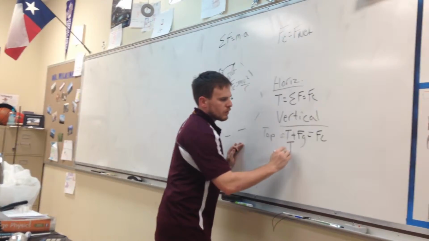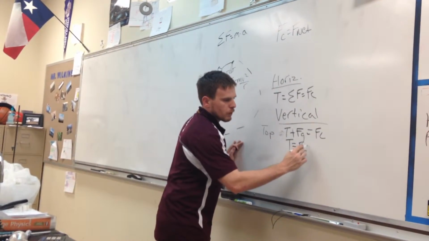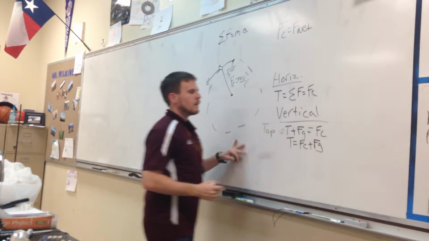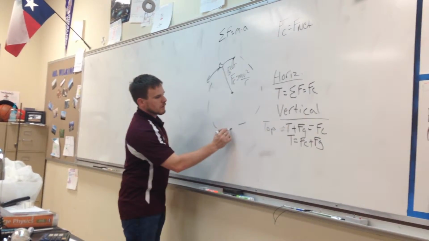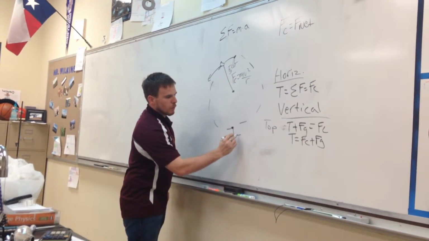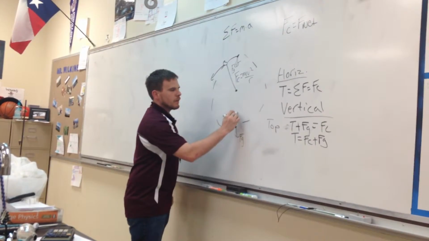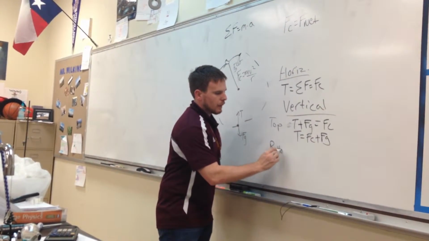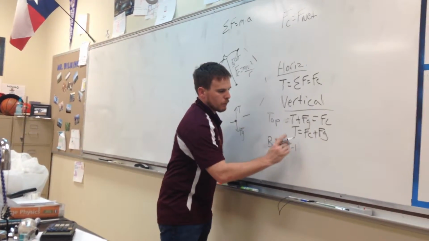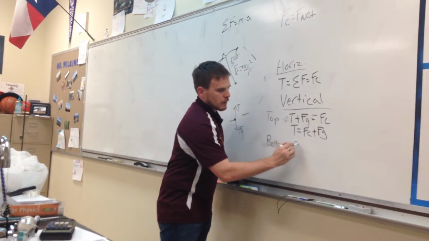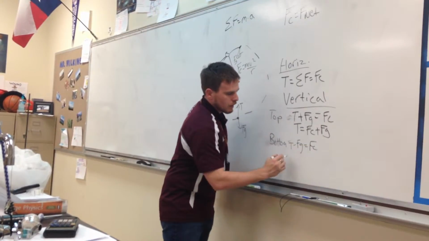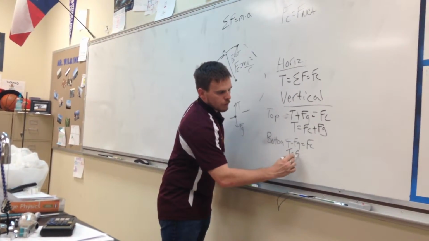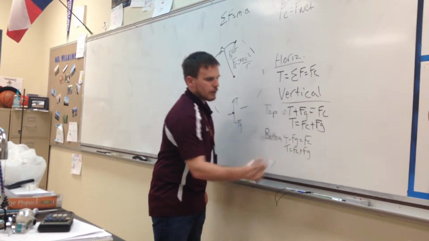But at the bottom, the force of gravity is pulling down and the tension is pulling up. So at the bottom, it's the opposite. It's tension minus the force of gravity equals the centripetal force.